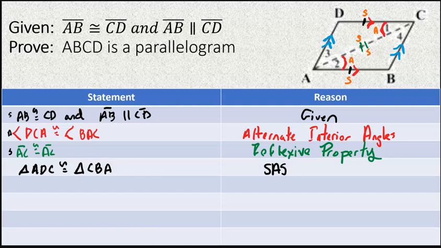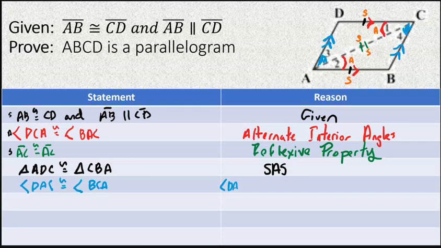So, I know that I have alternate interior angles here and here. Well, I should say congruent angles there and there. I am going to make the statement that angle DAC is congruent to angle BCA because the triangles are congruent. So I guess I'm going to say this in a little bit more plain English.